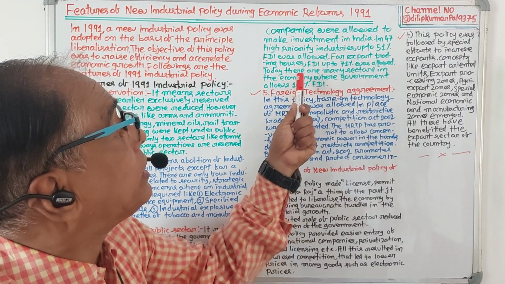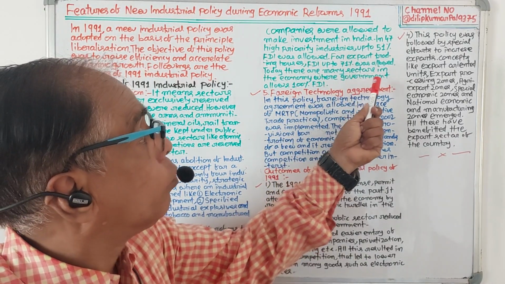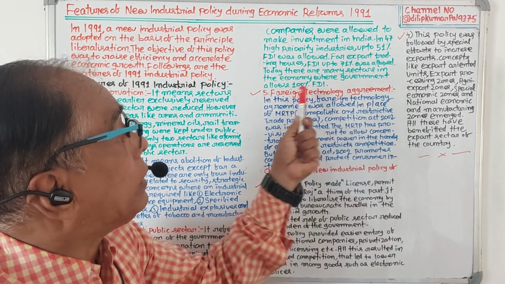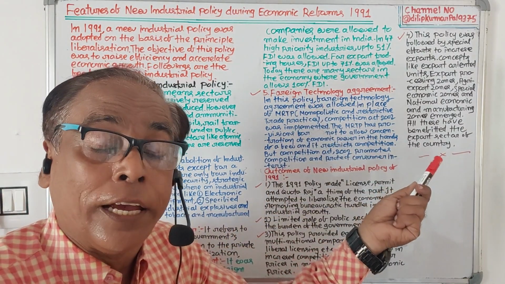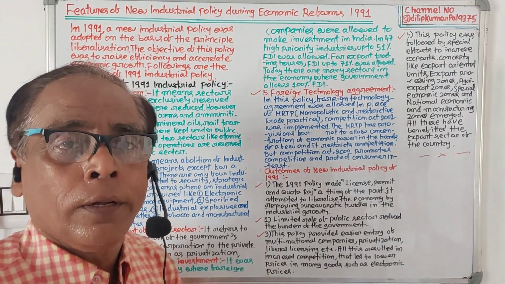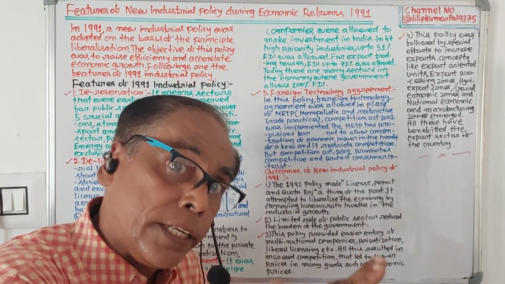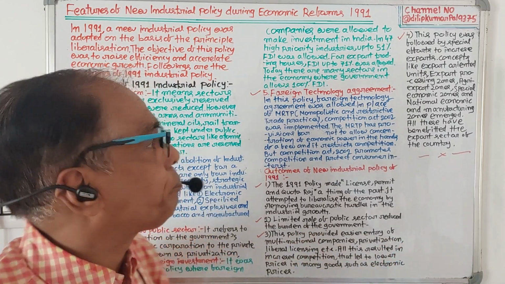For export trading business, FDI up to 71% was allowed. And today there are many sectors in the economy where government allows 100% FDI. So in this policy, government encouraged foreign investment in India to make industrialization quicker.